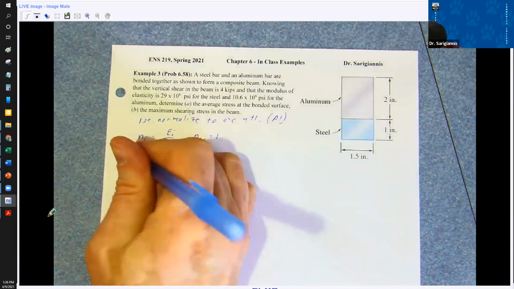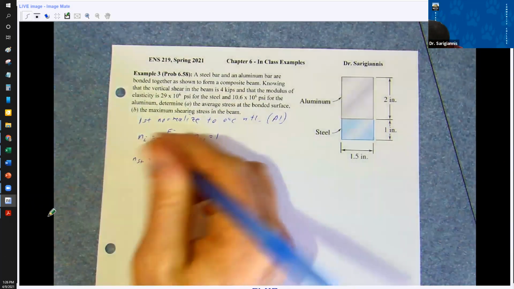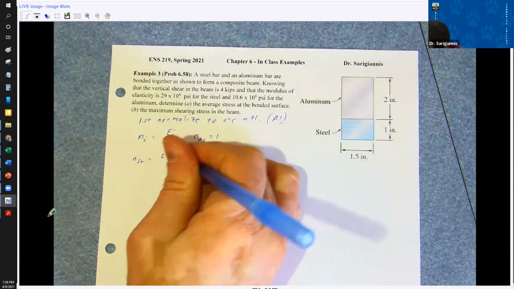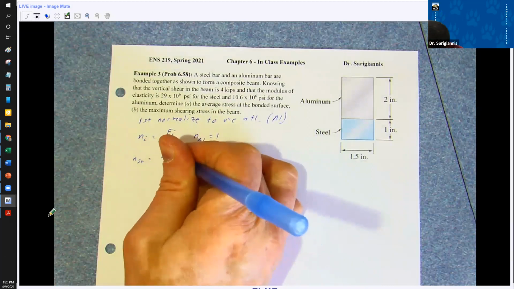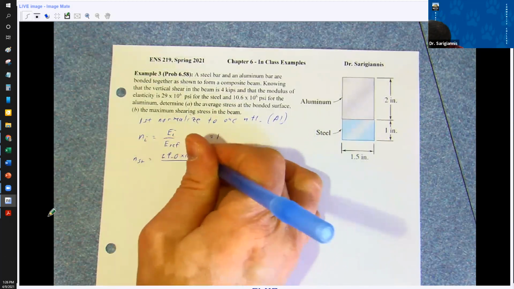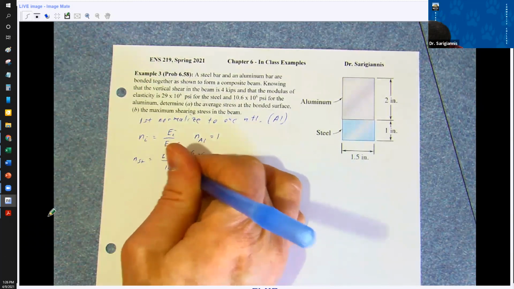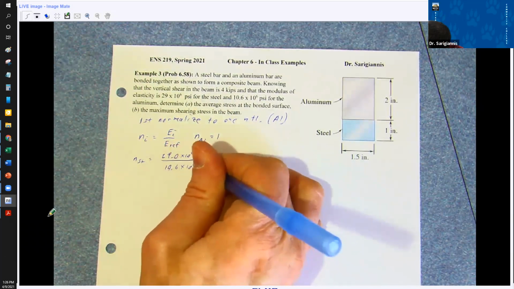For steel, we've got 29.0 times 10 to the 6th PSI over 10.6 times 10 to the 6th PSI.